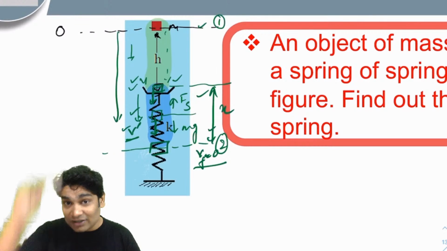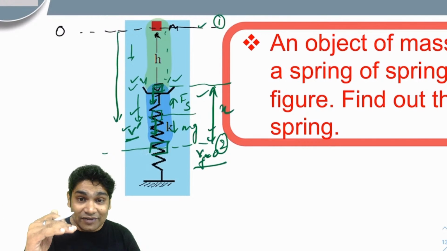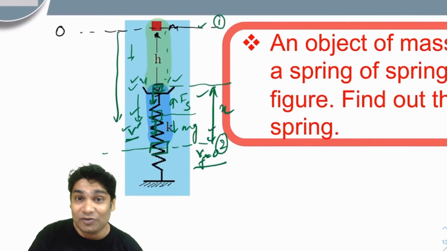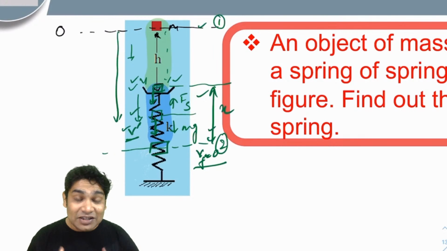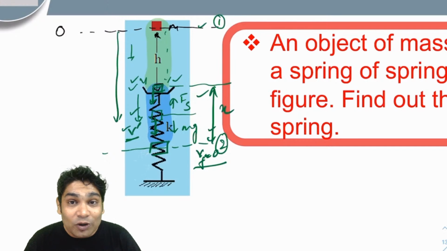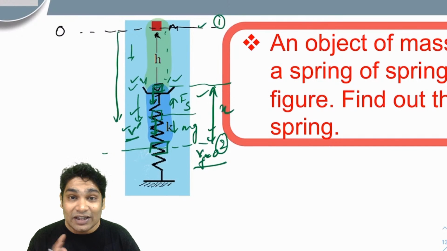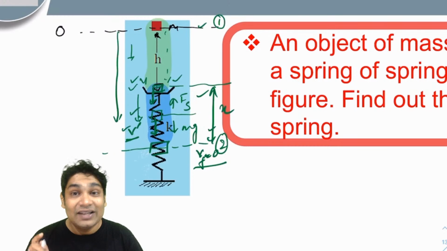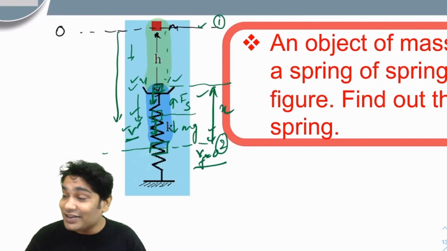So in some part of the motion the force acting was mg, in some part it was spring force plus mg, but there is no third force. What do we know about both these forces? Both are conservative. The force of gravity and the force of the spring are both conservative. So I know there are no non-conservative forces. Hence I conclude I can apply energy conservation.